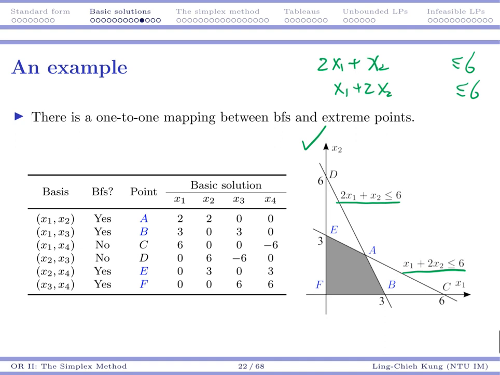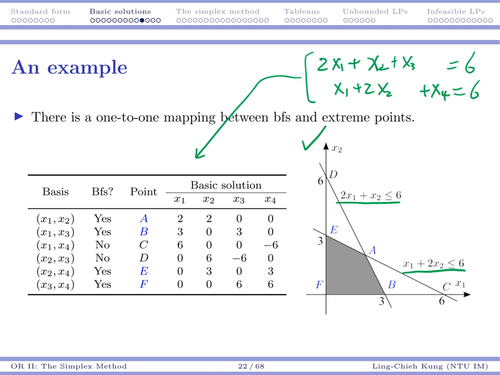When we want to get a standard form, we add x3 here and x4 here, and both constraints become equalities. That allows us to do all those listings for basic feasible solutions.